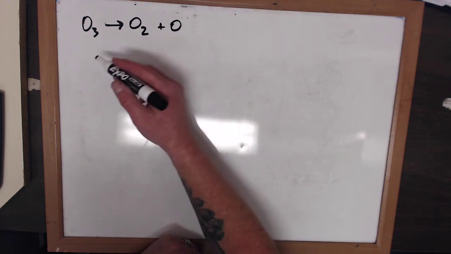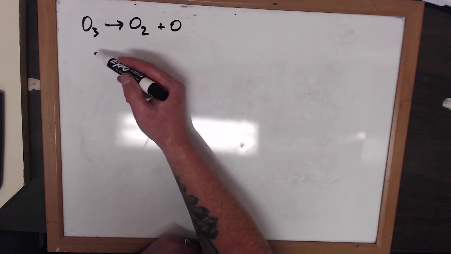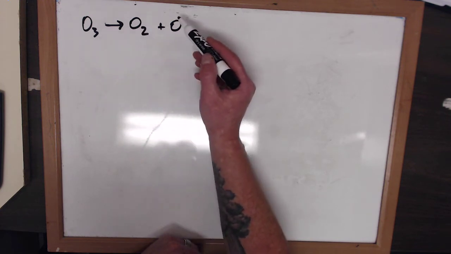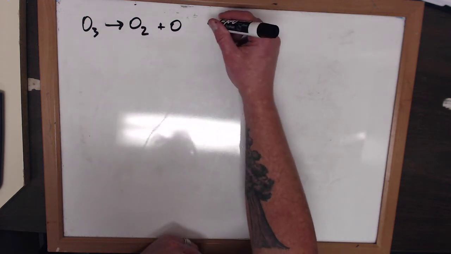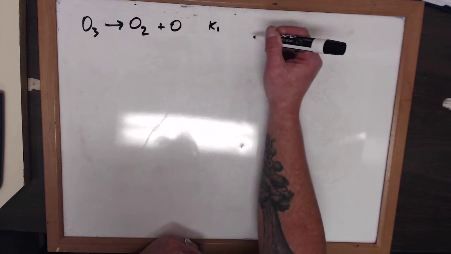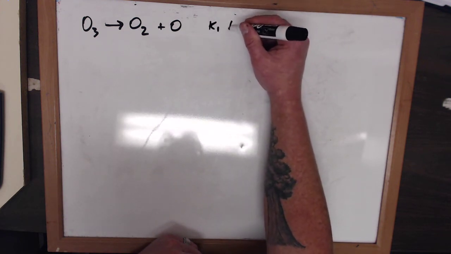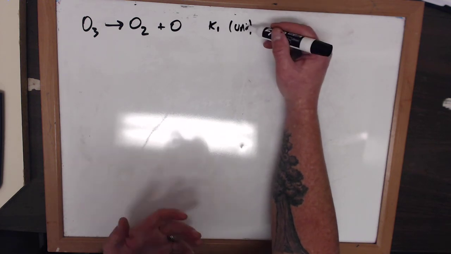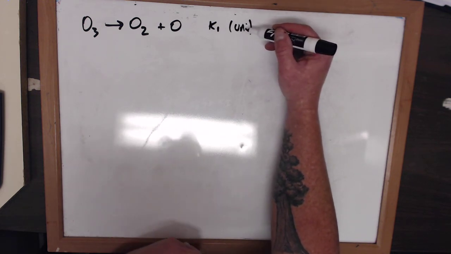And the first step goes ozone goes through unimolecular or first order decomposition into O2 and a single oxygen atom, and that happens at first order rate constant k1, and I'll just write unimolecular, in other words first order, decomposition.